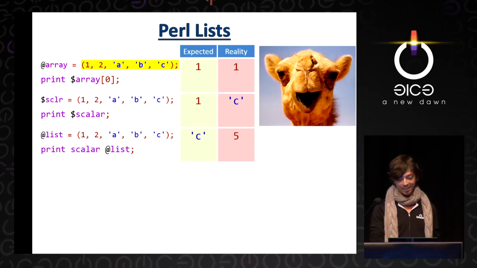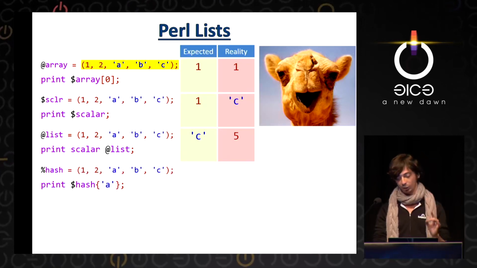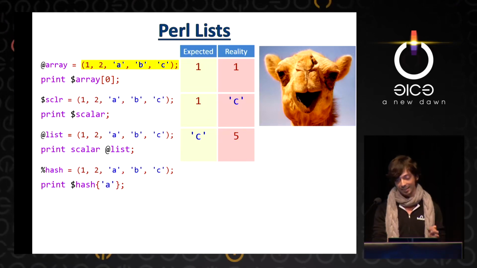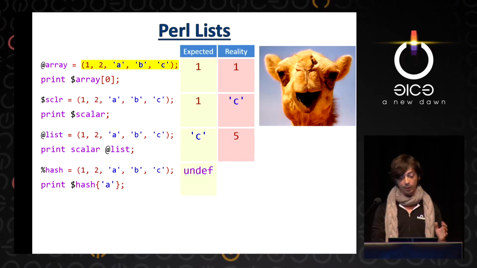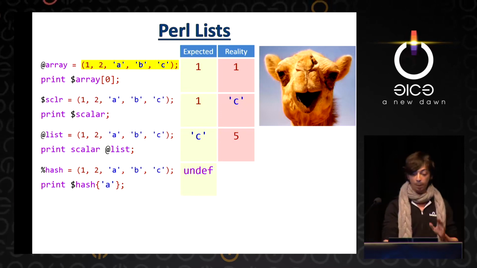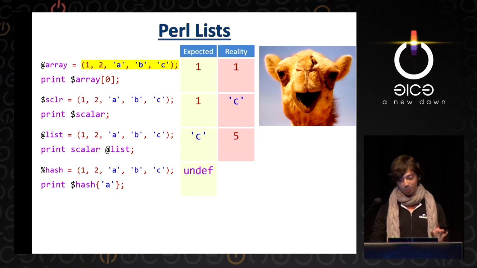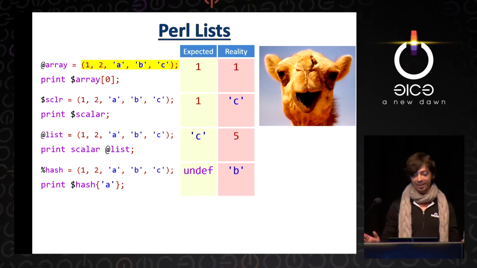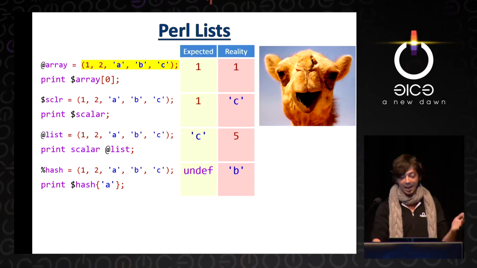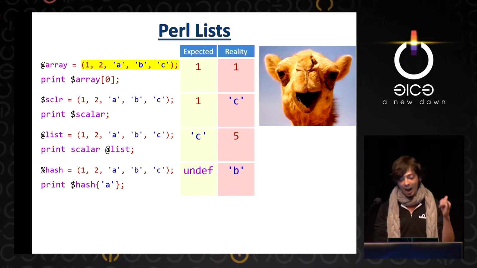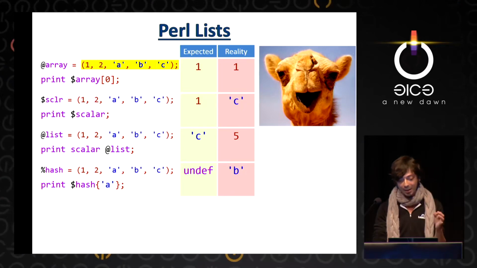Now, let's assign the list into a hash. The expected behavior is that this syntax will throw an exception, or at least print undefined, when we actually use the hash. But Perl managed to treat it as a hash somehow and prints B, even though it's not resembling any sort of hashing syntax, and the list even has a fucking uneven number of elements.